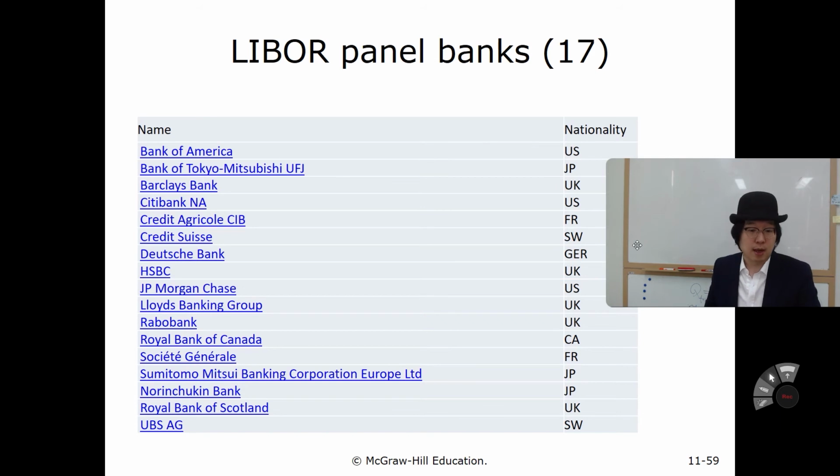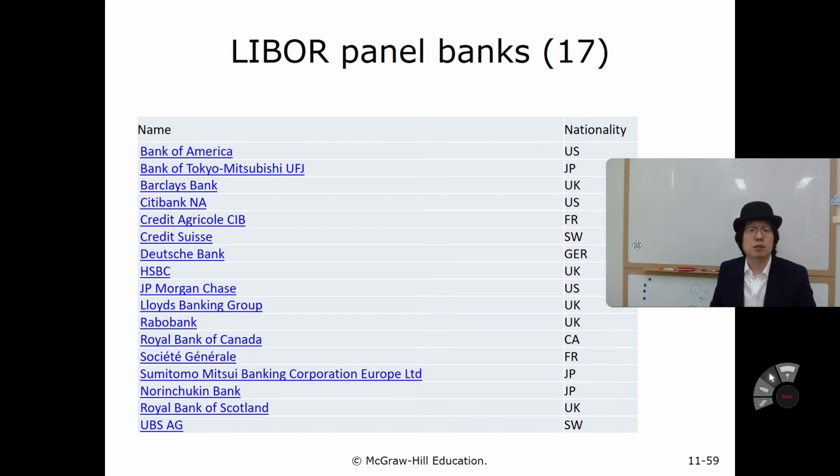Okay, and then Rabobank. What is that? Okay, who are you? Sorry, Rabobank, right? But still there. This is a British list, so that's why. Royal Bank of Canada, right? Societe Generale, the French bank, and Sumitomo Mitsui Banking Corporation Europe, right?